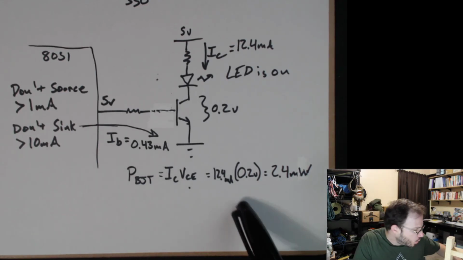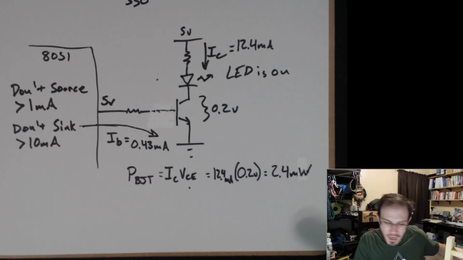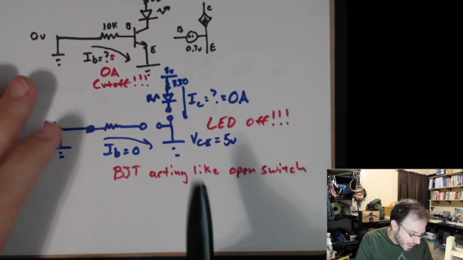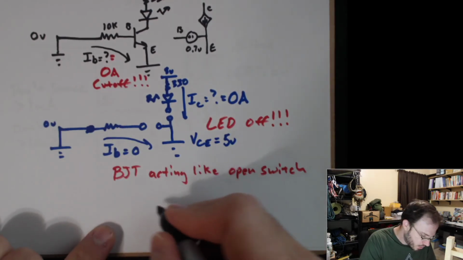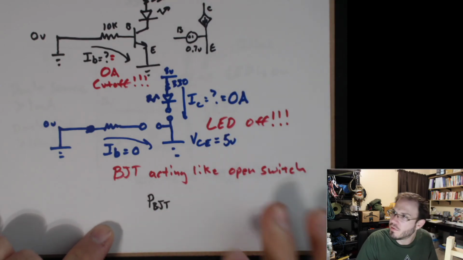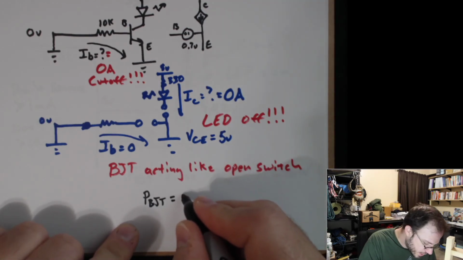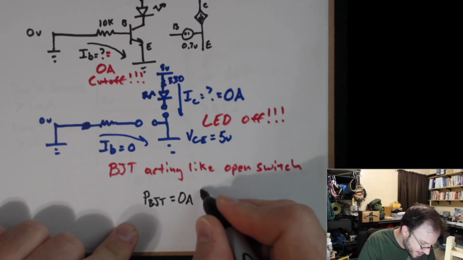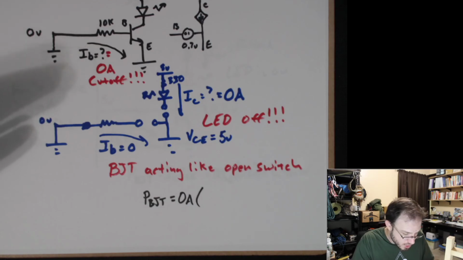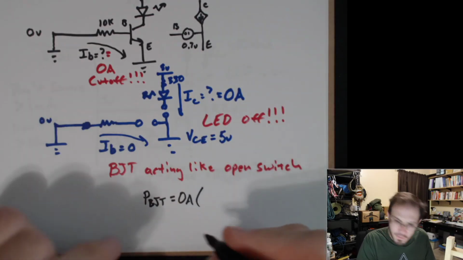Now, I did say we don't really have to do that for the case of when we're in cutoff. The reason for that is because IC is equal to 0. So if you look at the power dissipation, you're going to end up with I equal to 0 amps times, it doesn't matter what the voltage drop is. In this case, it's 5 volts, but we have 0 current flowing through it.